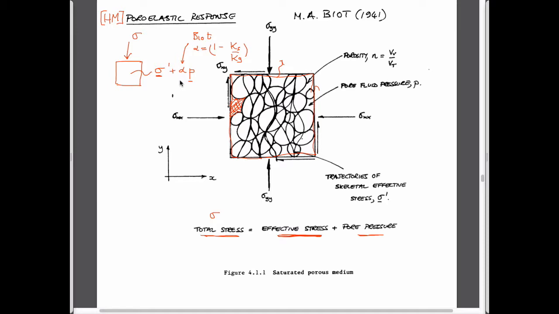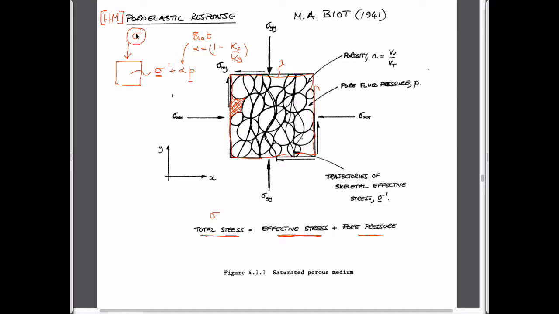And so the important concept of effective stress is that when we solve problems, we define them in terms of boundary conditions, which are applied externally, which are total stresses. And so you can think of this as being the boundary condition that we apply in terms of total stresses. But when we look at behavior internally, the deformations that we get correspond to the effective stress.